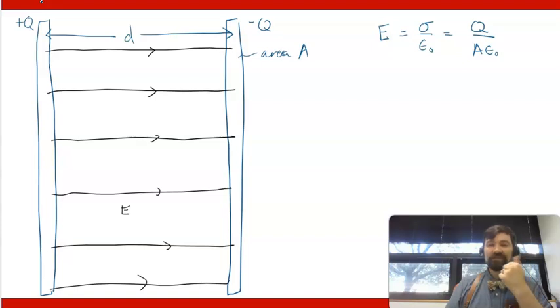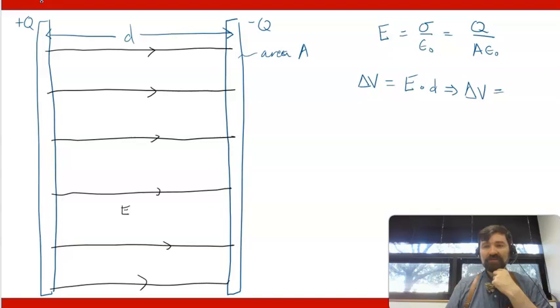Okay, so that's your E field strength. Now recall that the magnitude of delta V would be the magnitude of E times the distance. Okay, so that means that my delta V is equal to Q times D divided by A times epsilon naught.